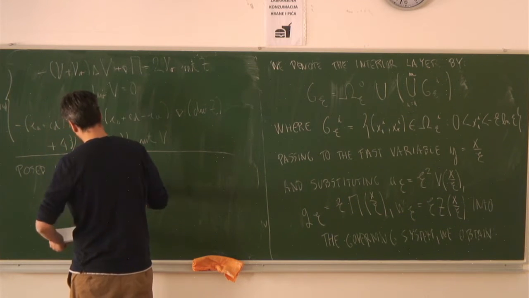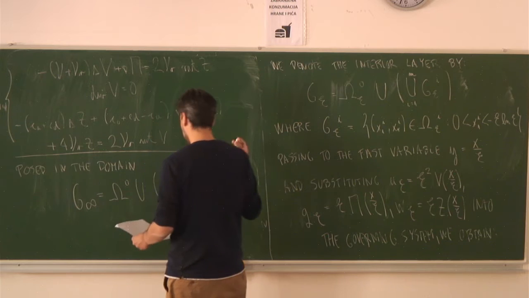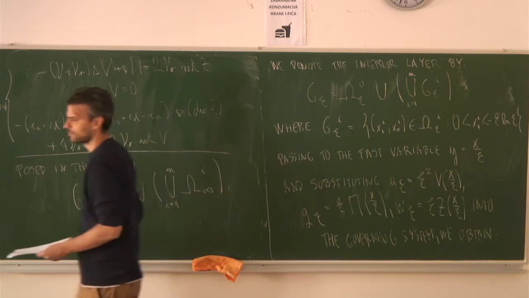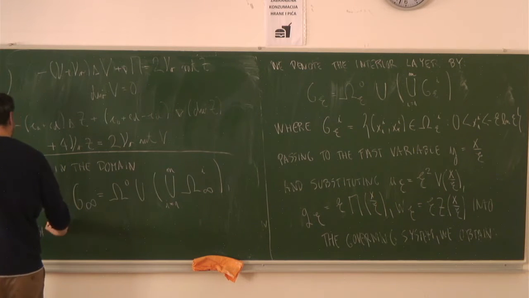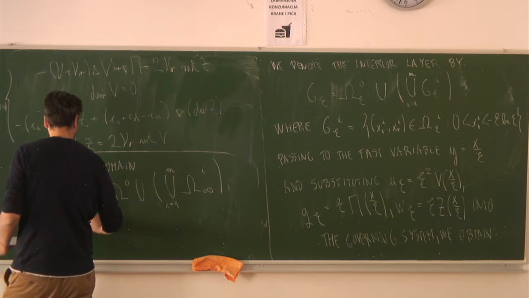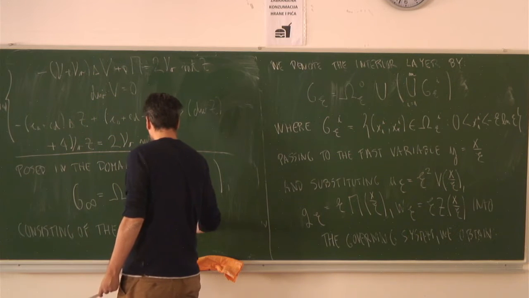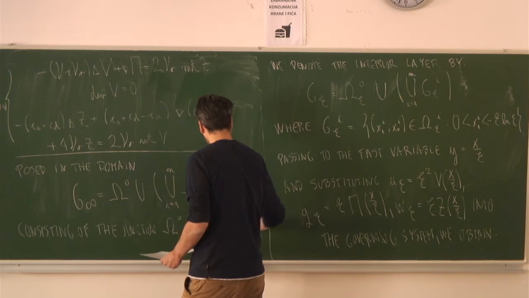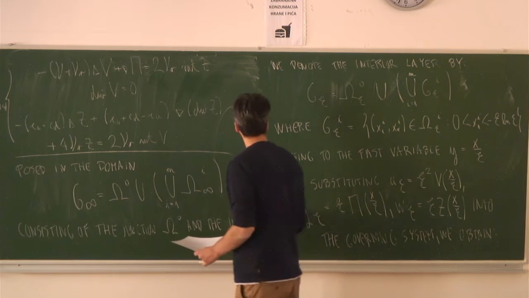So G infinity is omega 0 union with the m infinite pipes omega infinity I, consisting of the junction omega 0 and the infinitely long pipes.